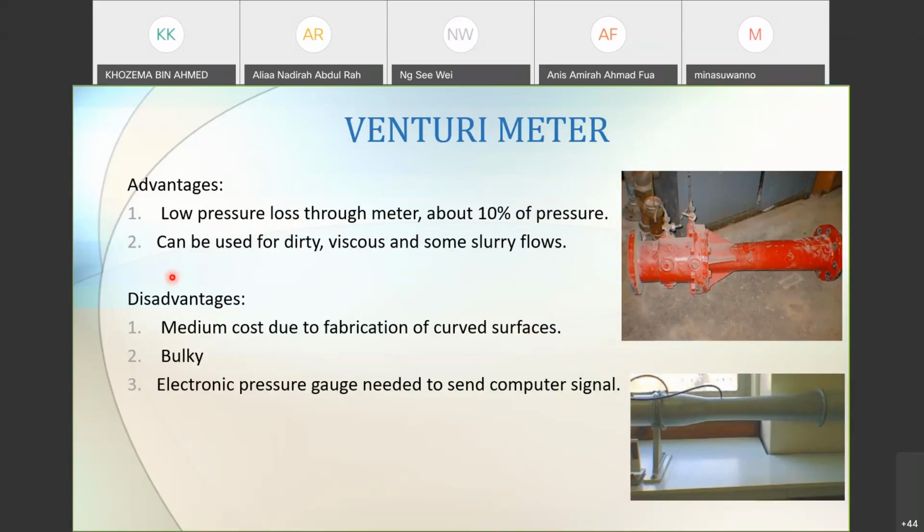The second is that it can be used for dirty, viscous, and some slurry flows. However, the disadvantages of the venturi meter are medium cost due to fabrication of curved surfaces, and it is bulky, and an electronic pressure gauge is needed to send a computer signal.